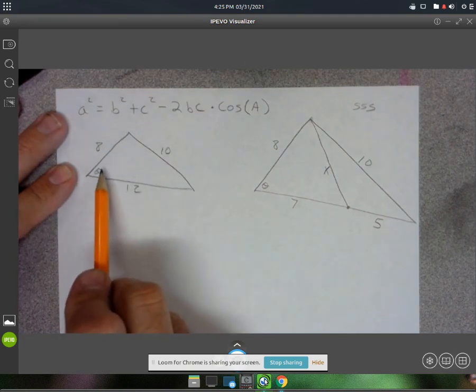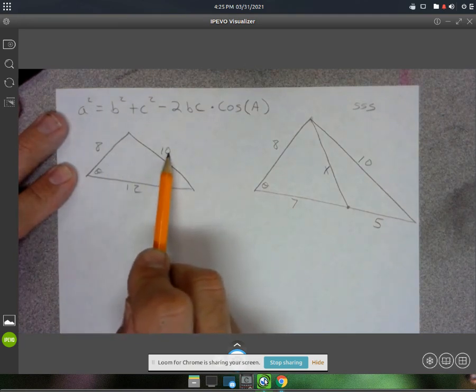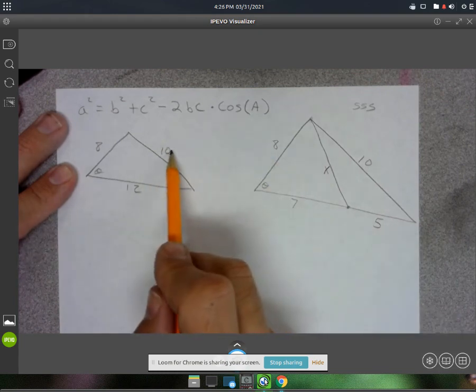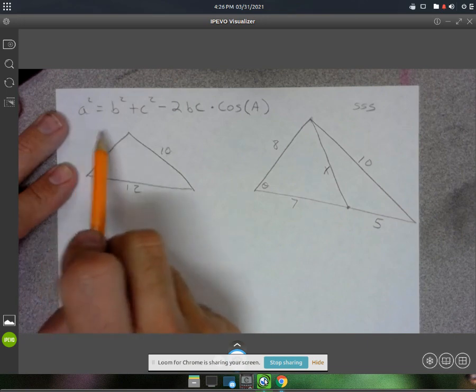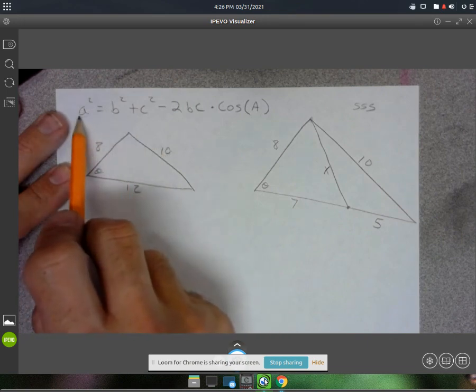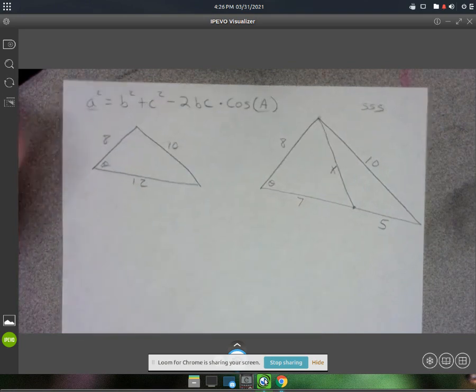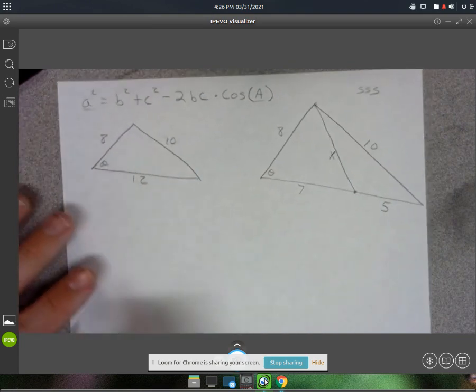Since my angle is across from that 10, I'm going to let my 10 be my side that's across from my angle. I'm going to plug in my 10 for this A right here, and the theta is the part that I'm solving for. Let's get that done first.